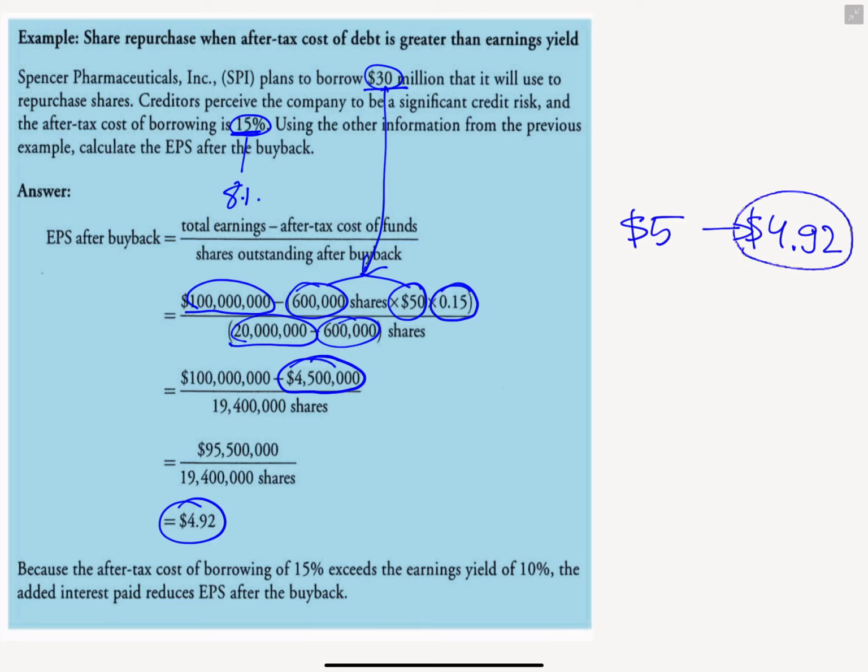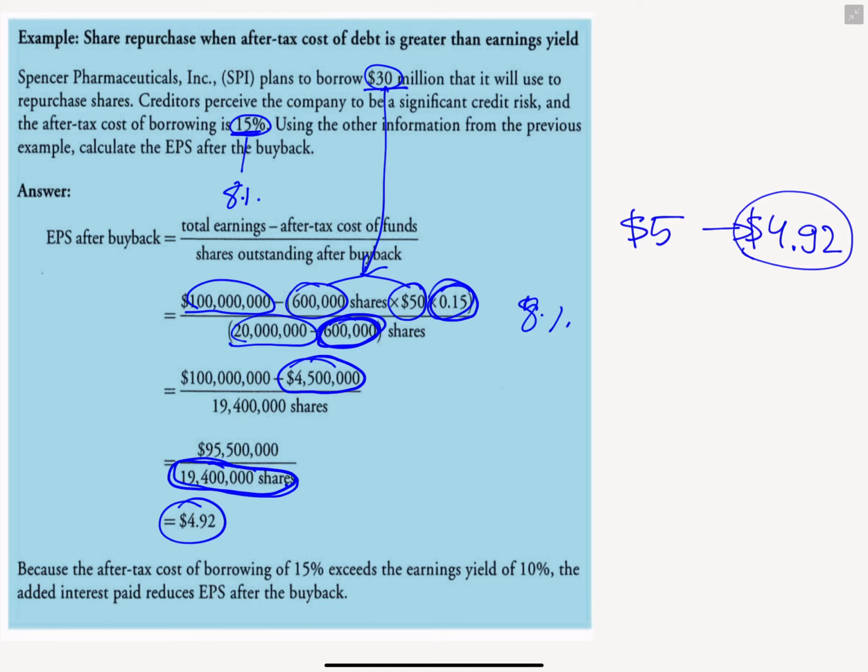It has a negative effect on earning per share because this 15% is higher than 8%. Before, the 8% had a higher effect, because these are those who remain with the company. Yes, because 600,000 shares were sold by people, but these are people who didn't sell their shares.